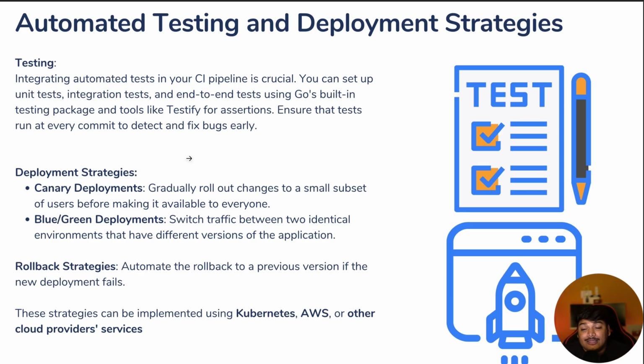Then the blue green deployment, which switches traffic between two identical environments that have different versions of the application. For example, you have a website which has version 1 code running.